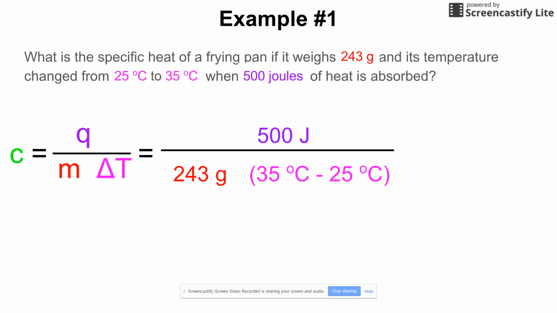Then you do your order of operations: first 35 minus 25, which is 10, then 10 times 243, and that's going to be under 500. But before you do that, I forgot, you have to make sure you end up with the right units. Nothing cancels here, so you end up with joules over grams times Celsius, which is a unit of specific heat. So that's correct. Then you plug everything in and you get 0.20 joules per gram times Celsius.